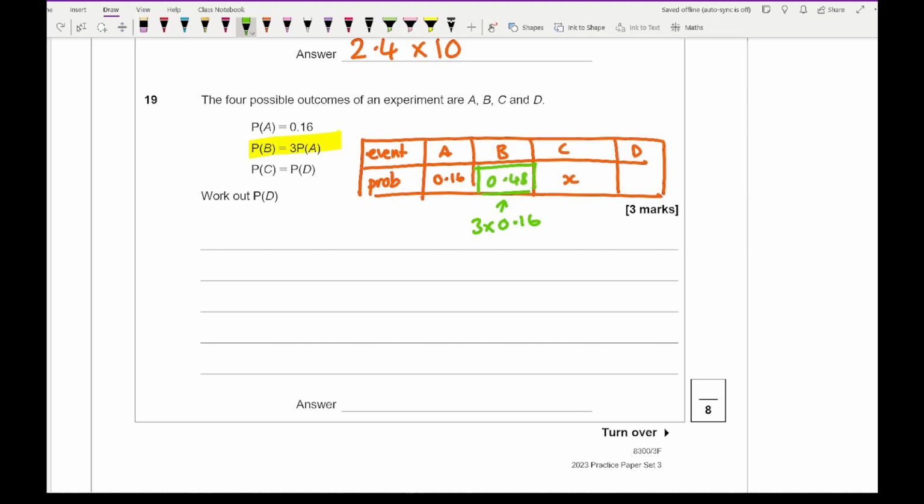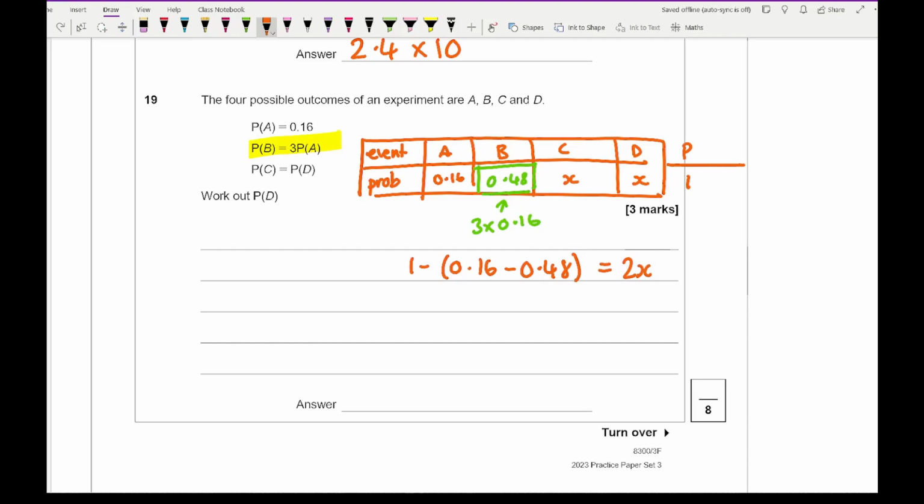Then in terms of C and D, well, those two are both equal to each other. So if one's called X, the other one's going to be X. But we know that all of those probabilities need to add up to 1. So if I do 1 take away 0.16 minus 0.48, then that's going to equal 2x, because all those numbers need to add up to 1.